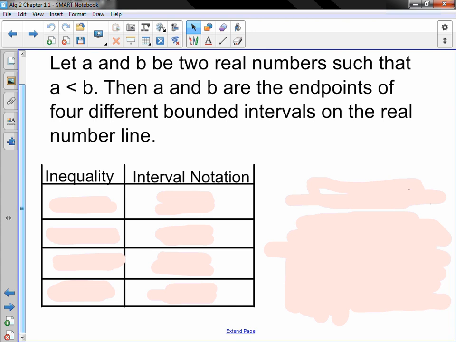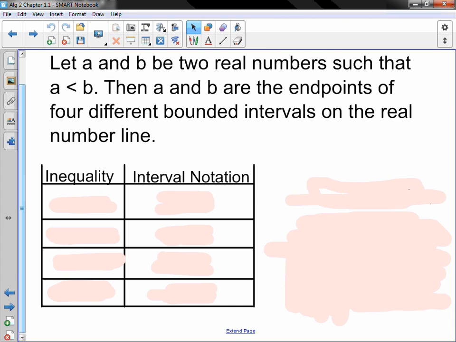A and B are two numbers. It doesn't matter what numbers. We're just stating that A is always less than B. So if we said A was 2, B could be, what, Eric? 4. It doesn't matter which. It's just that B has to be greater than whatever A is. And that's all we're saying. They're always going to be in that set.